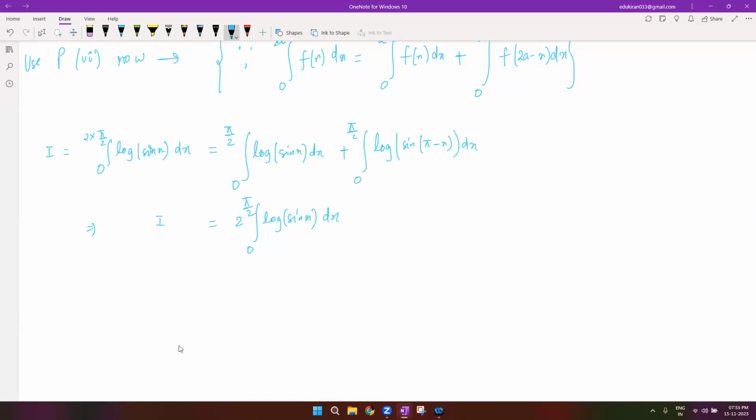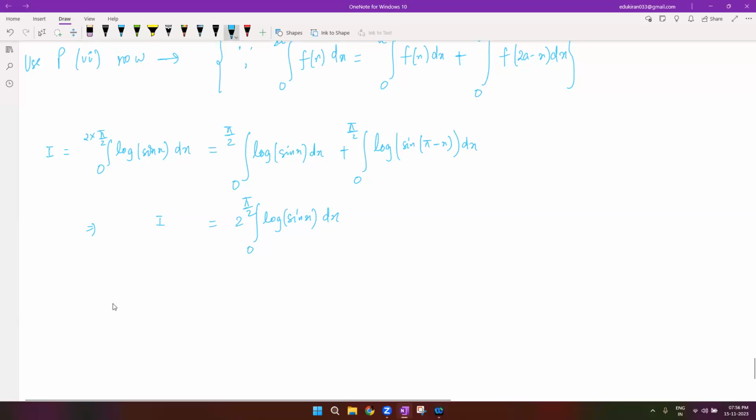Now we have to decide an approach. Either we can go to property 4 or property 6. But property 4 can be used here, because sine of pi by 2 minus x will be cos x, and then we can think about solving that part. So use property 4 again.